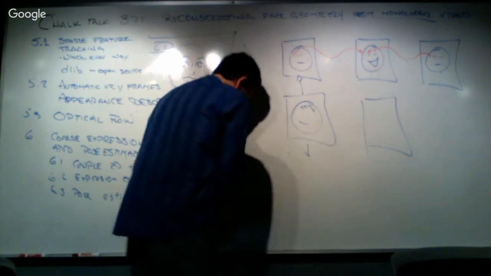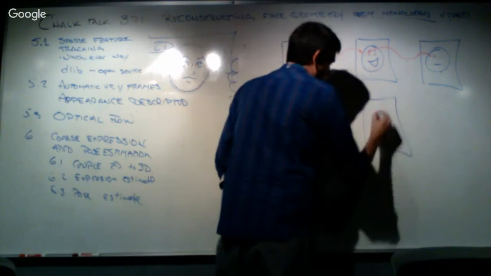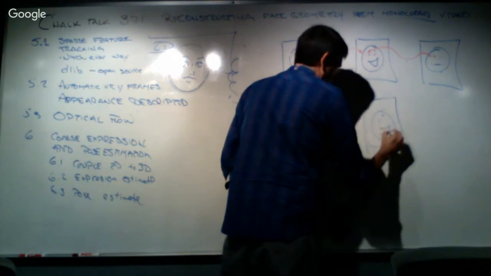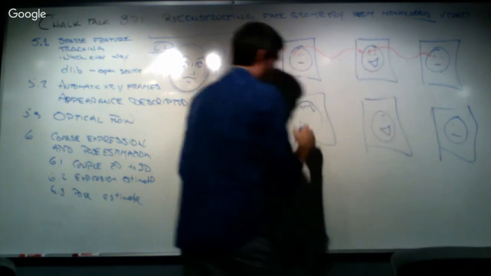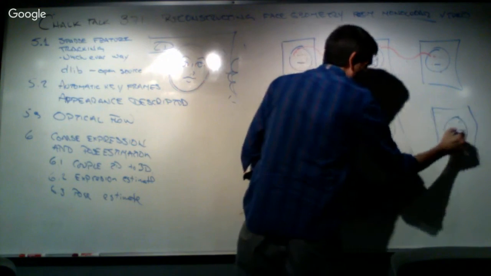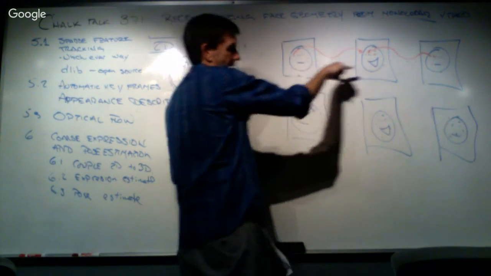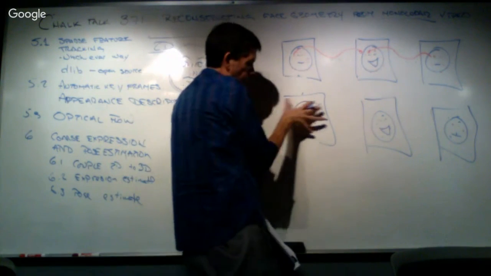Well, let's start this way. So we have our blend shape that does this, that's modeled with all sorts of different colors. And we have our actual guy who's talking up here. So what we're going to do is do optical flow on this.